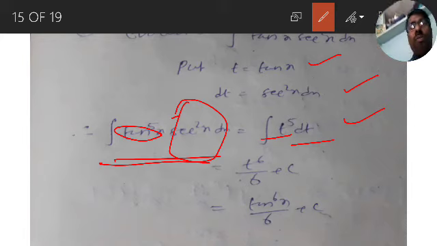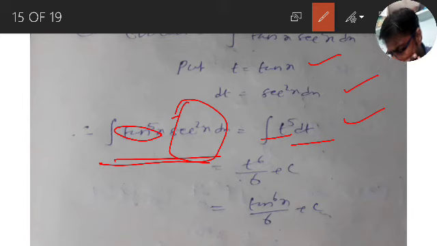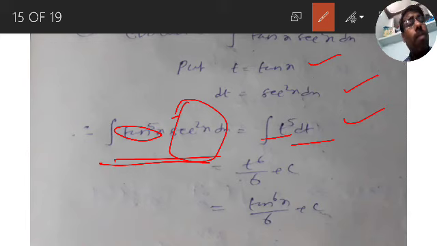Integration of t power of 5 dt. Which formula? Integration of x to the power of n is x to the power of n plus 1 by n plus 1 plus c. Therefore, integration of t power of 5 is t power of 6 by 6.